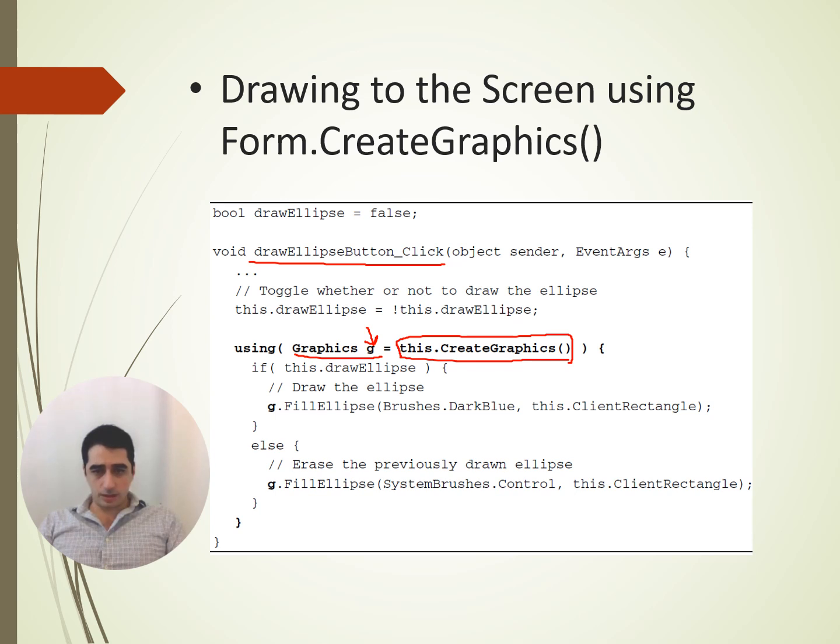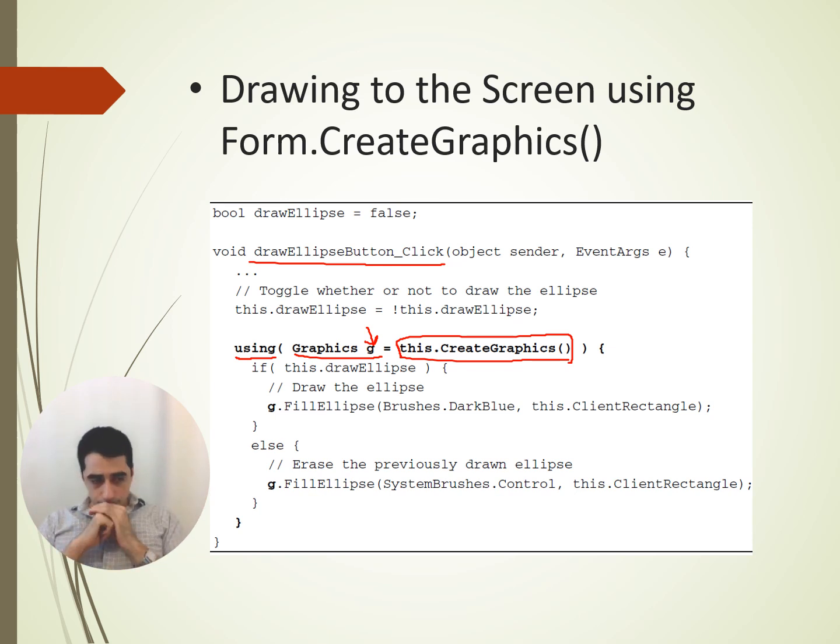Using is a reserved word in C# that allows you to create a nice block. This block defines a local variable g, and the scope of g is limited to this block.